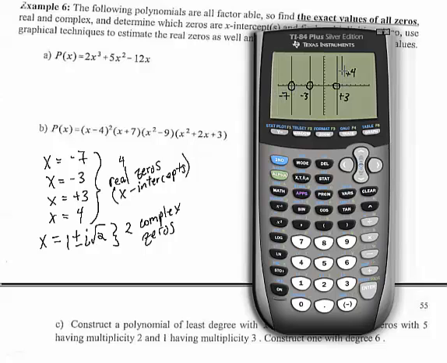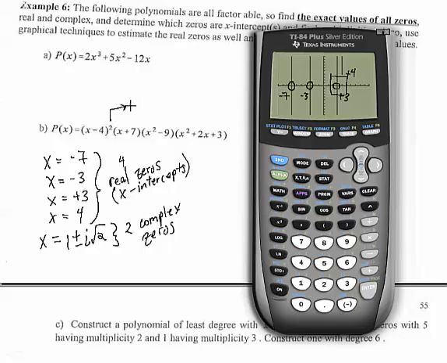And they're shown here. So what I'm going to do is just simply zoom in here on x equals positive 4. I'm going to basically draw a zoom box in this area to show you that x equals 4 simply comes down to the x-axis, touches it, and then shoots back up, which makes sense according to the properties of polynomials that we just talked about.